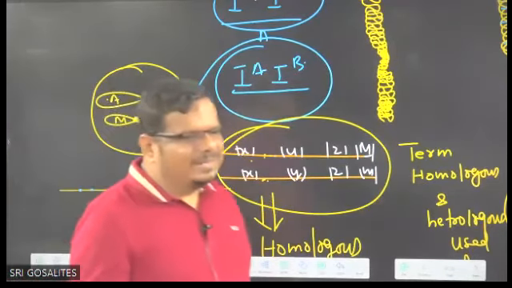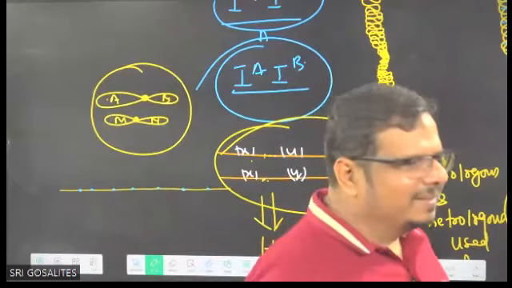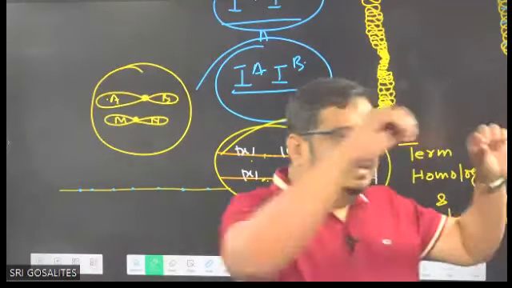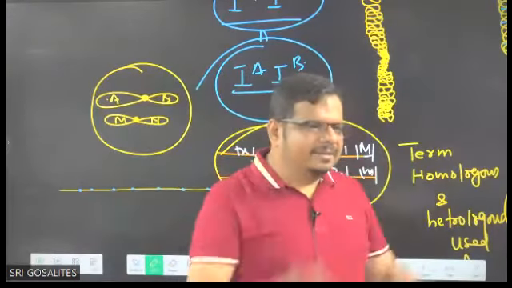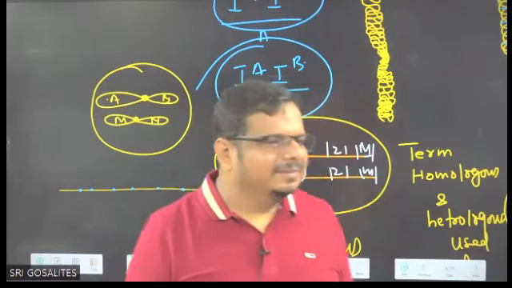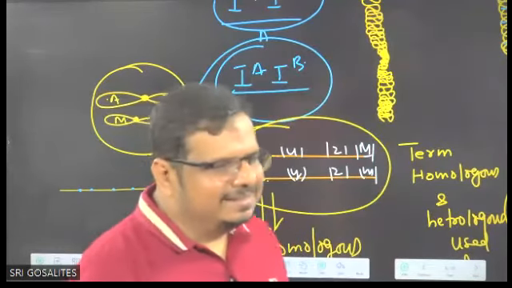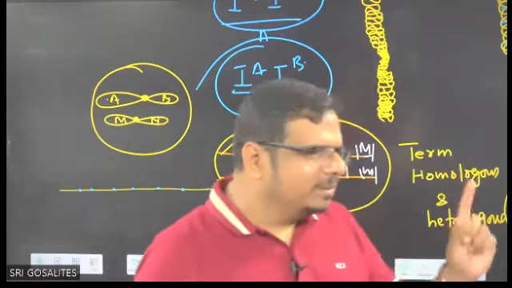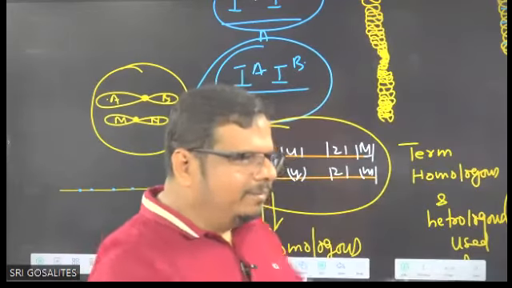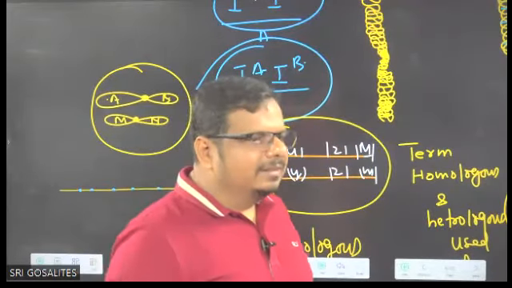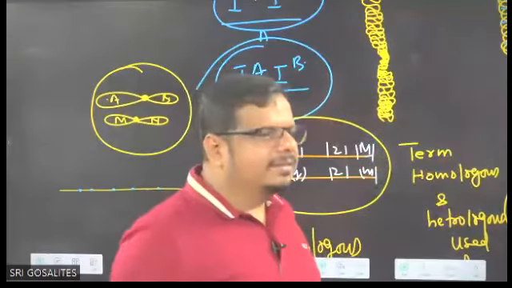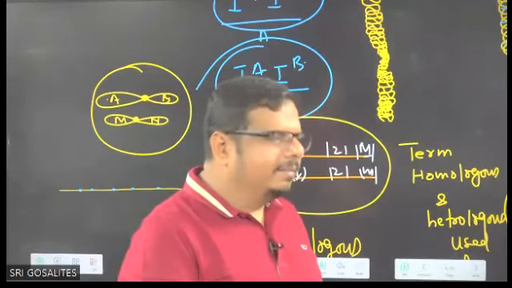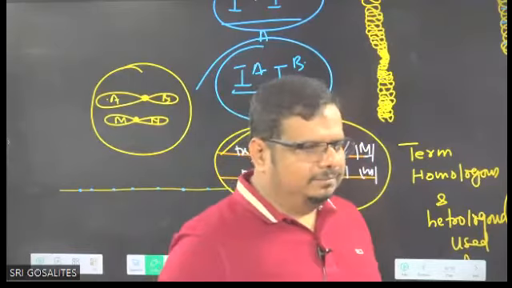So genes are present on which one? Chromosome. Okay, ji. On chromosome, many genes are there. Thousands of genes are there on each chromosome. And each gene is responsible for a character. So we have a lot of characters, na? So all characters are determined by which one? Gene.